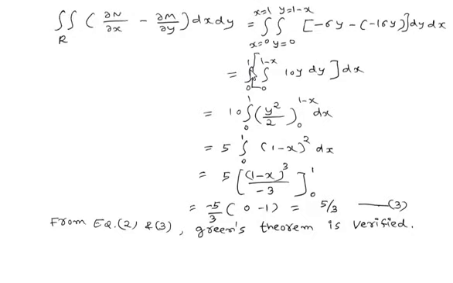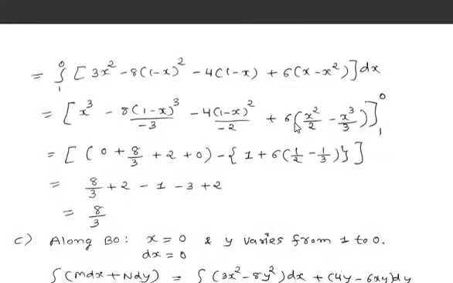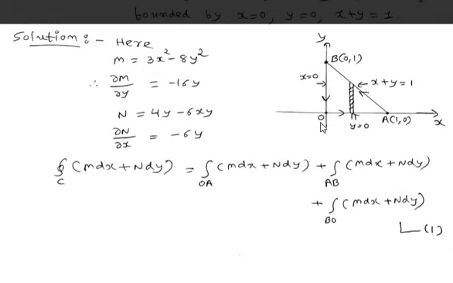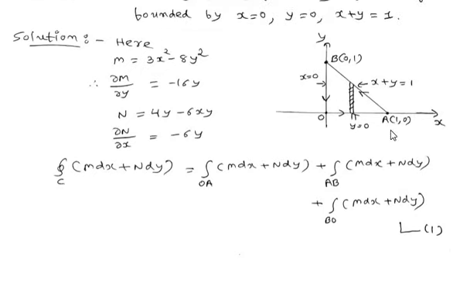So this is the outer limit. How to select the outer limit? We have to consider two vertical lines such that the whole region is bounded by these two lines. One is x equals 0 and the other is x equals 1.